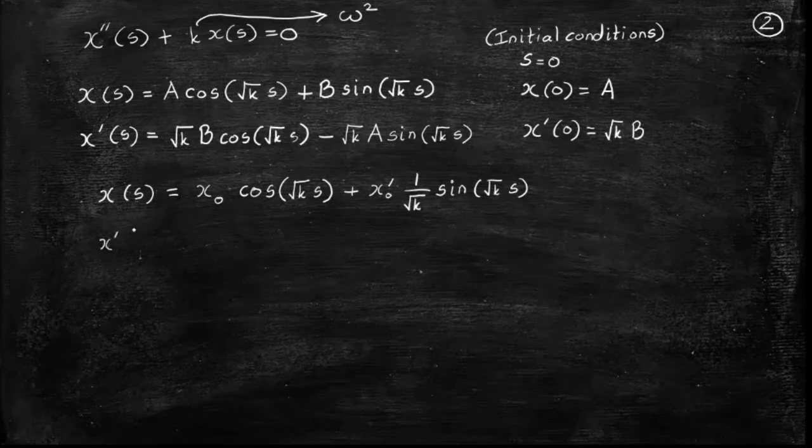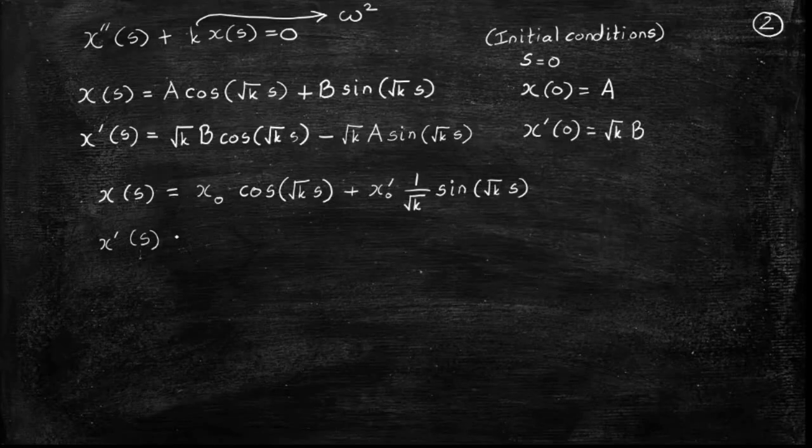X prime. We are going to take the negative term, the a term, first, because we want to rewrite in terms of x naught and x naught prime.